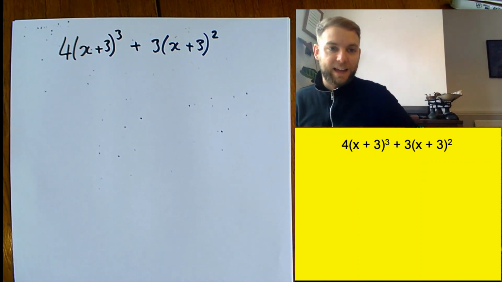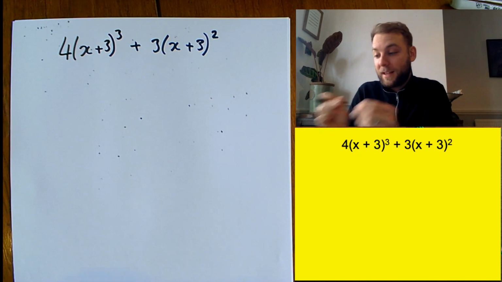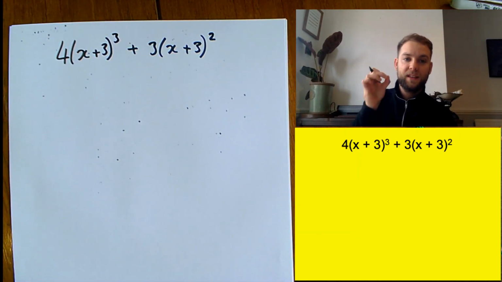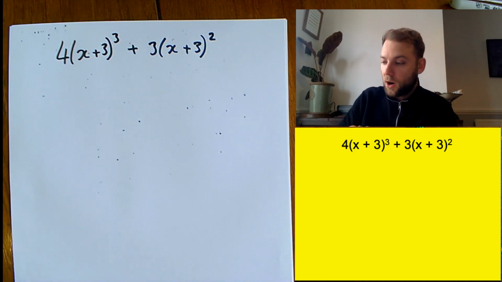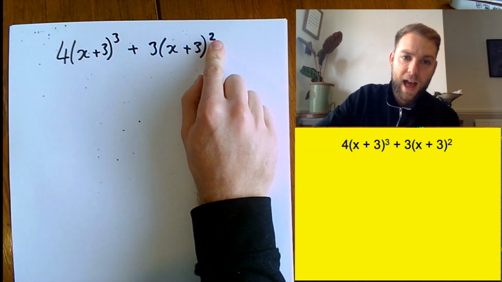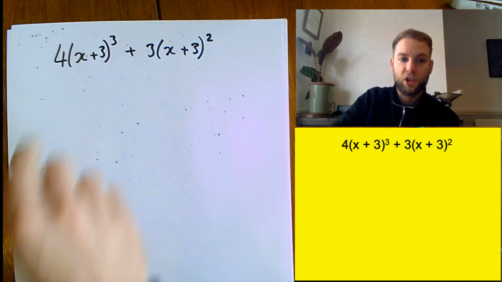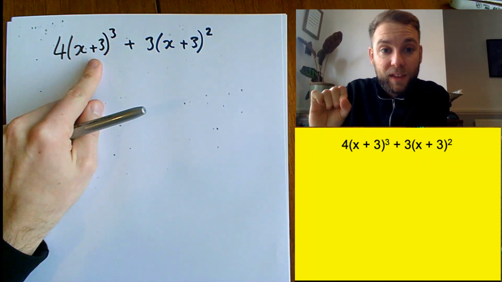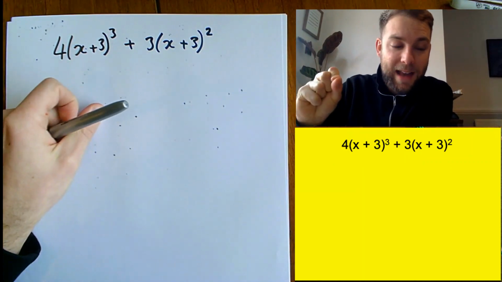Now the thing that I can take out of both of these is the same bracket again, so it's going to be this x plus 3. However, the difference with this one is that I've got this one here which is squared, and I've got this one here which is cubed. So the highest power of the bracket which is in both of these is that squared.